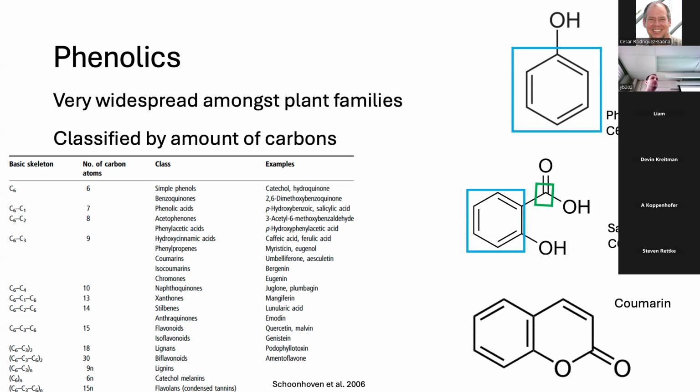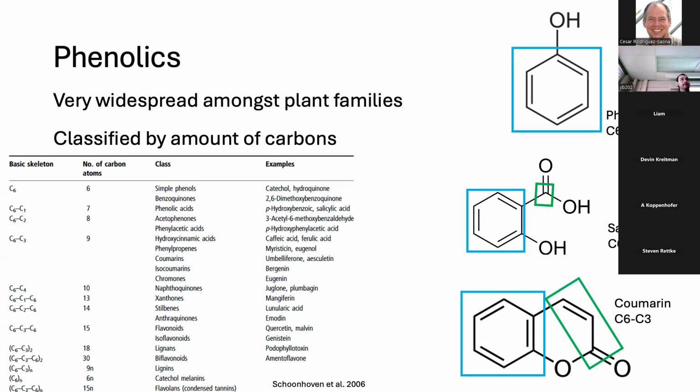So how do we think we're going to call it? Yeah, we call them C6, C3, because all of the phenolics are going to have this phenol group, which is the benzene ring with the oxygen.